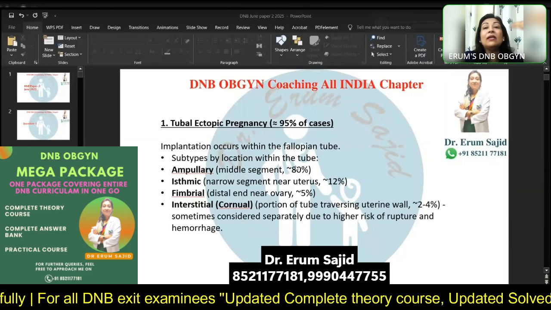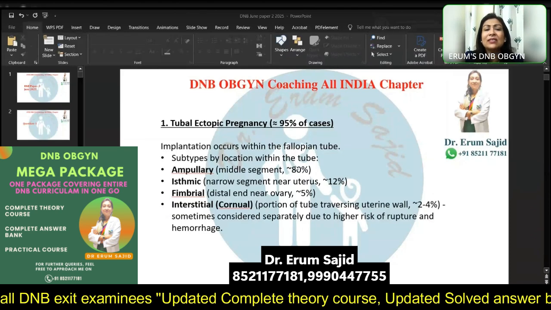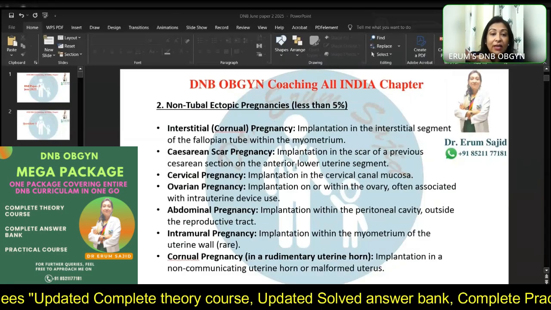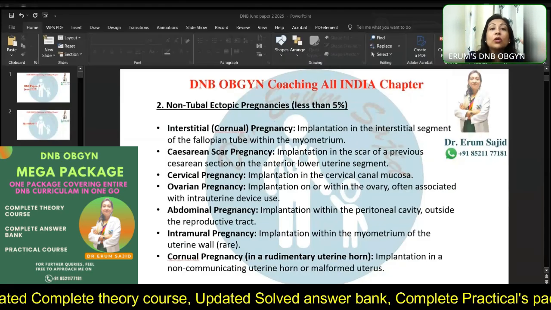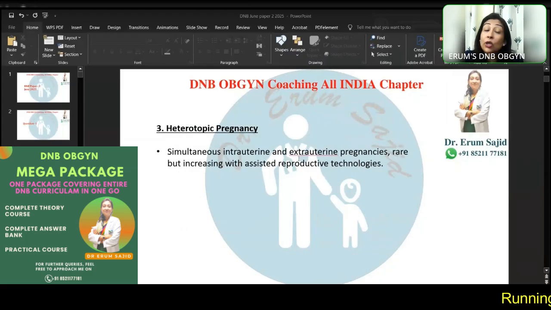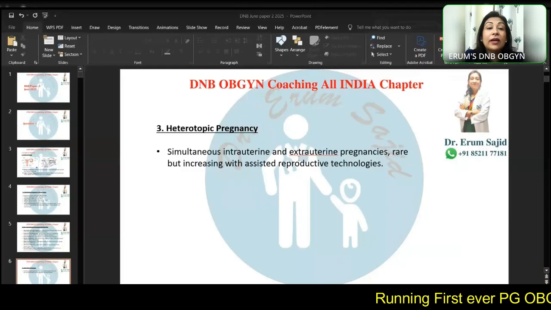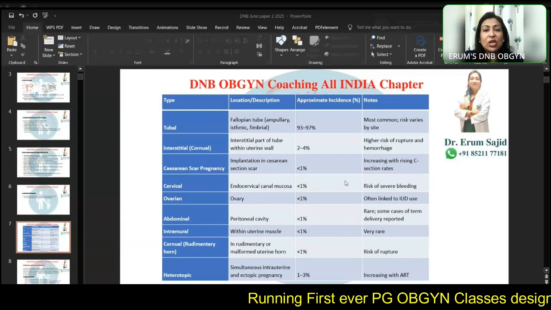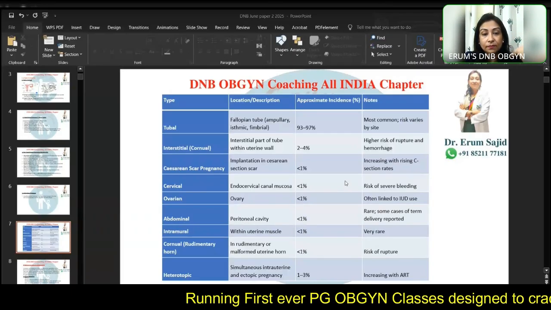Amongst the tubal ectopic, there are multiple variations: ampullary, isthmic, fimbrial. Non-tubal ectopic means cornual, cesarean, cervical, ovarian, abdominal, intramural, everything. That's it. You also have heterotopic pregnancy. If you want extra marks, you want 3 marks out of 2, write this down as well. Otherwise, this table itself is sufficient. Just this table is sufficient.